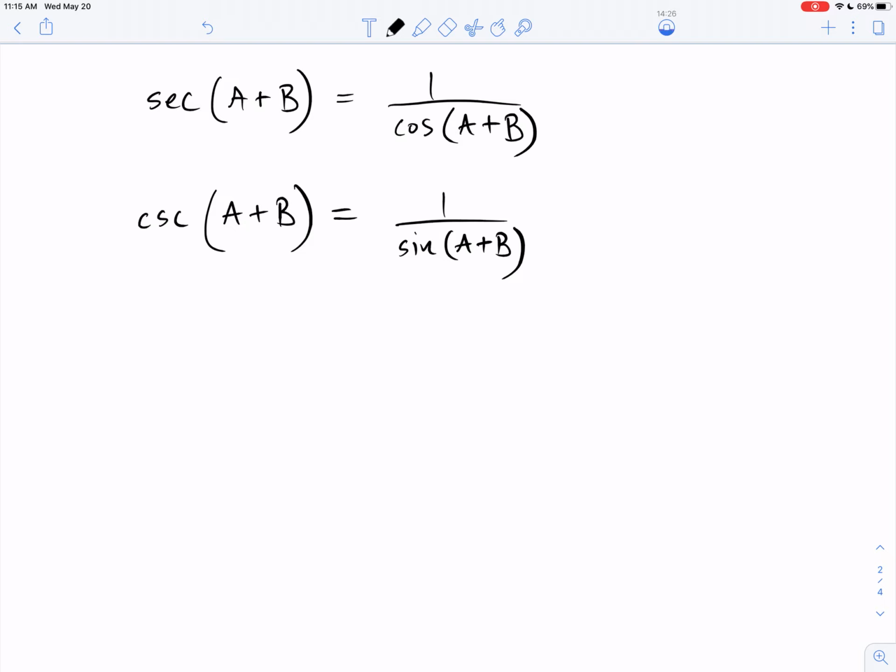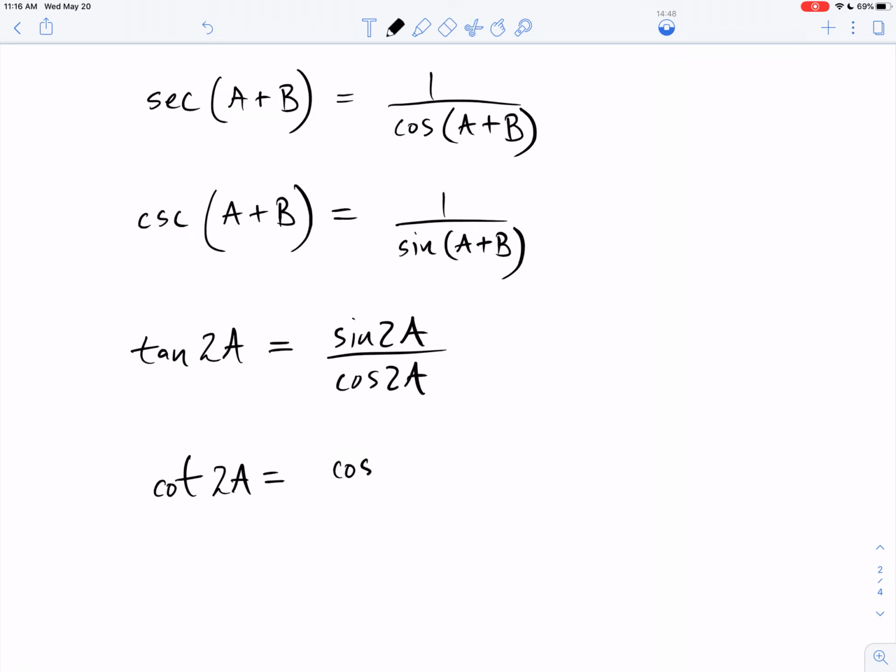So I just showed you this guy is the same thing as this. Well, what if they pull this one on me and they say cotangent 2A? Well, it's just the reciprocal, so I could rewrite it as this. This is all information based on what you already know.